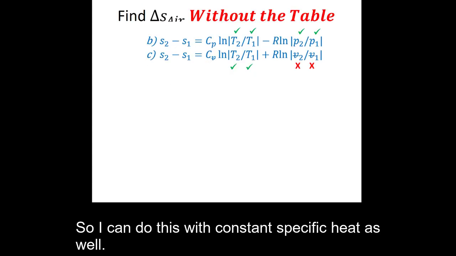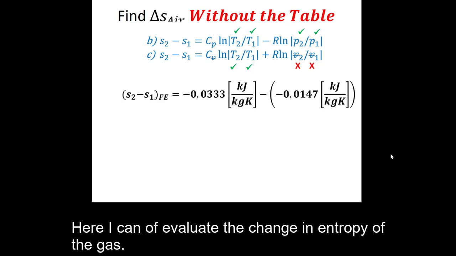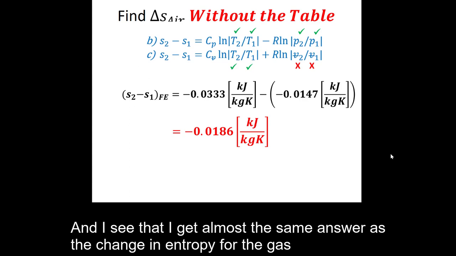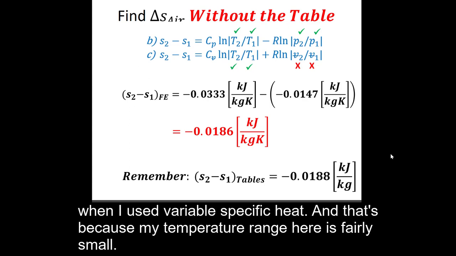So I can do this with constant specific heat as well. Remember, I'm choosing equation B because I know the temperatures and the pressures. Here, I can evaluate the change in entropy of the gas, and I see that I get almost the same answer as the change in entropy for the gas when I used variable specific heat. And that's because my temperature range here is fairly small.